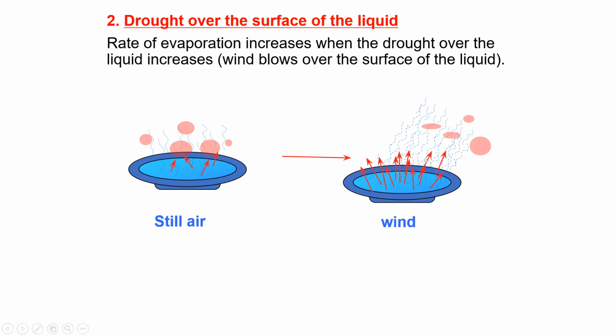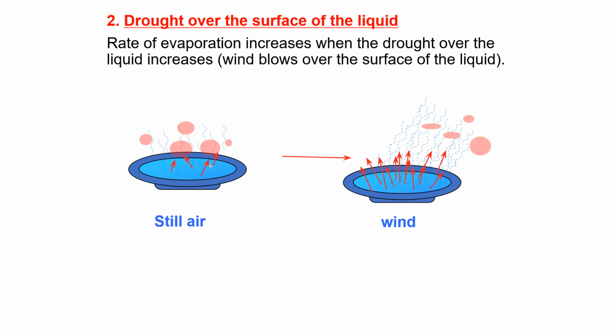Is it clear how the wind or the draught over the liquid surface increases the rate of evaporation? So if we increase the dryness or the draught, the rate of evaporation will also increase.